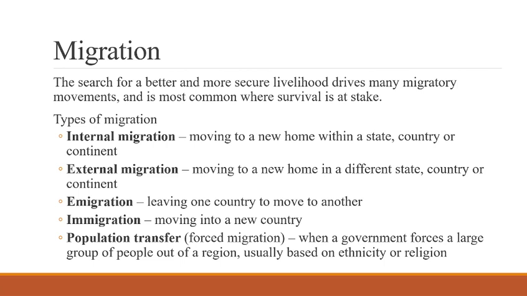Another type of migration is external migration. This means moving to a new home in a different state, country, or continent. For example, moving out of Malawi to South Africa. We have also immigration and emigration.